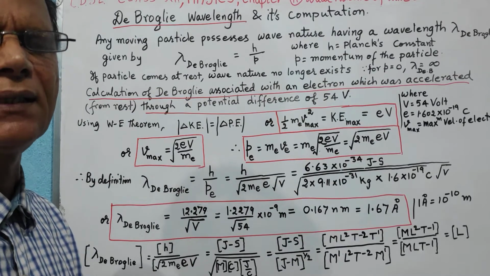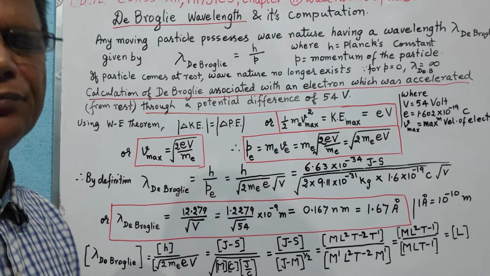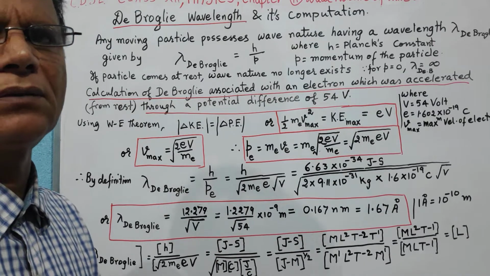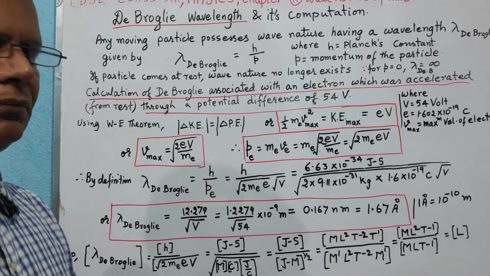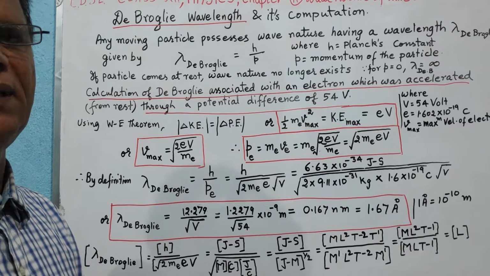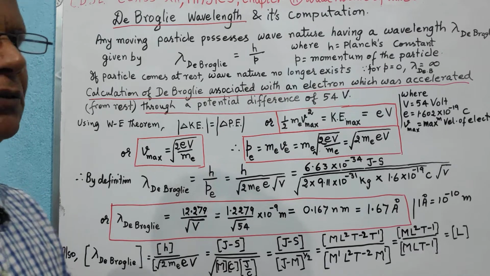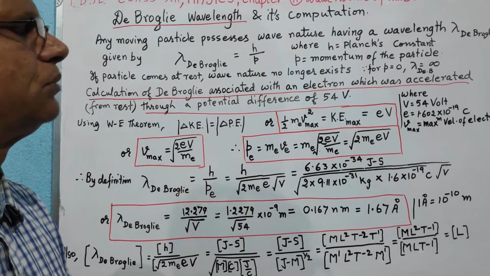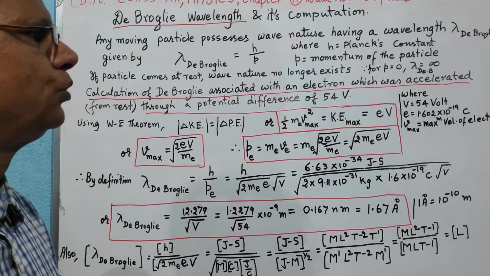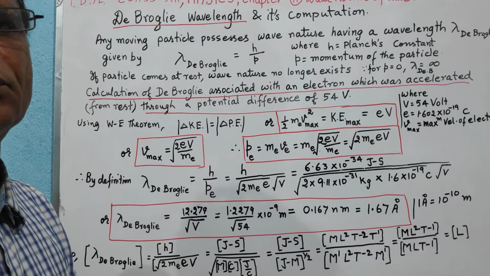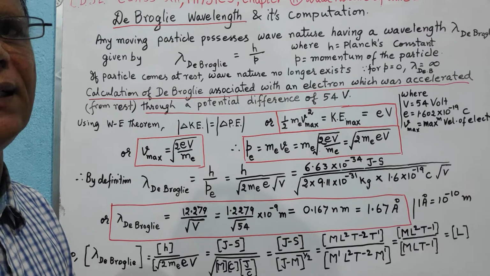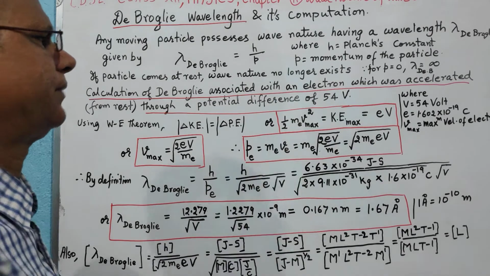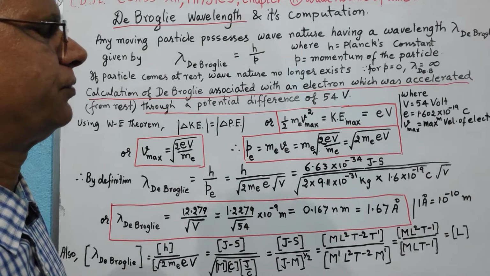We can select another voltage, but we shall be using this result in the coming topic, where we shall talk about the Davisson-Germer experiment, and we will compare the experimental value obtained with the theoretical value to derive the conclusion that particles moving with certain velocity do possess some wave nature and do possess some wavelength corresponding to that wave nature. So here we are selecting acceleration through 54 volt.